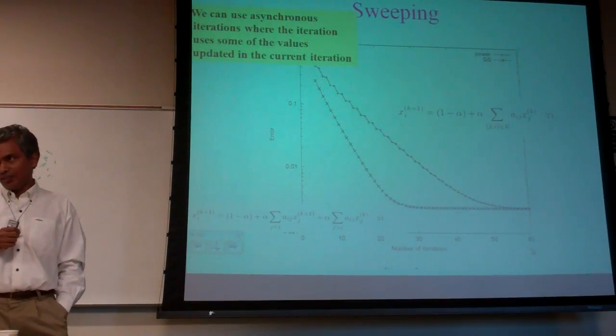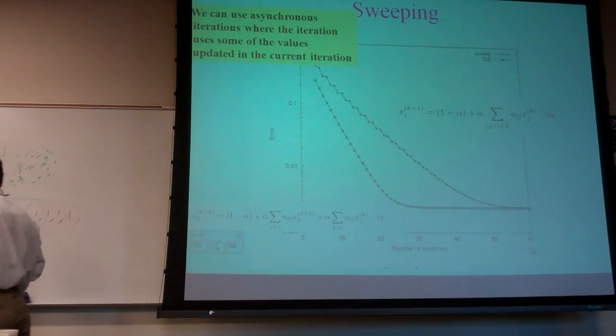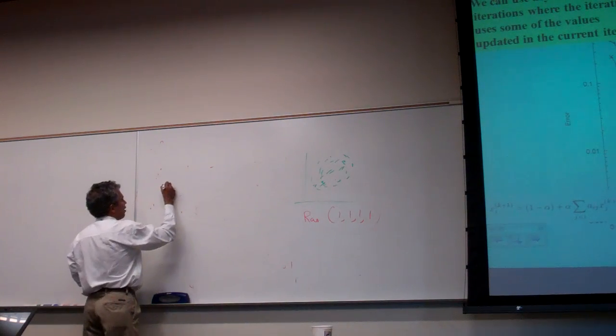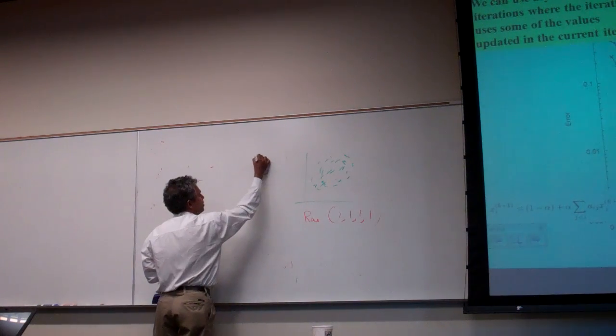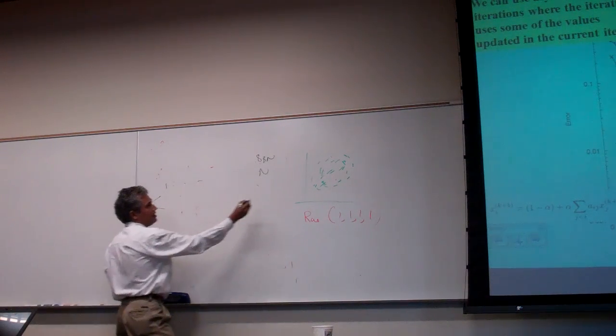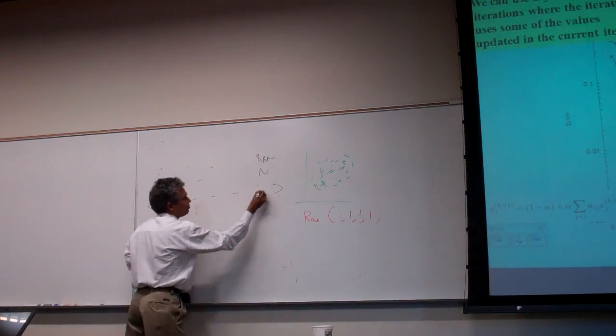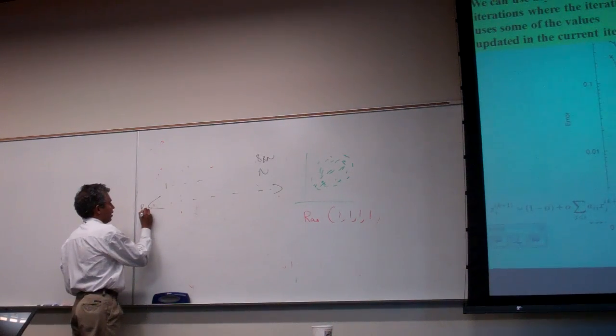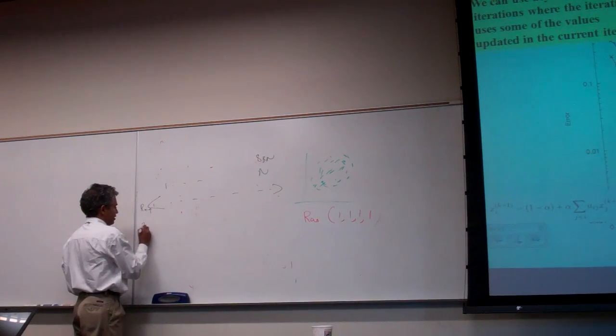In fact, this actually makes sense because of the normal way you talk about it. Remember R0: you have pages 1 to n, being 8 billion or so pages, and PageRank is a vector, with numbers between 0 and 1. Now suppose this is Rn minus 1 and this is Rn.